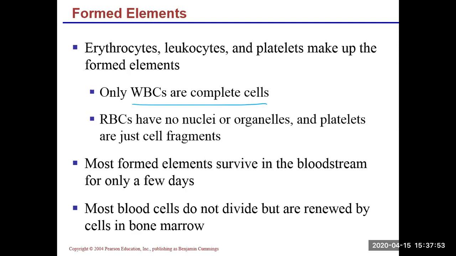When you're looking at mature red blood cells, they have lost their organelles and their nucleus, and platelets are just fragmented cells used for blood clotting. Most formed elements can be in the blood stream, but they're not going to live forever, so they need to be renewed. Red blood cell life expectancy is about 100 to 120 days. So now you have to renew them from the bone marrow.